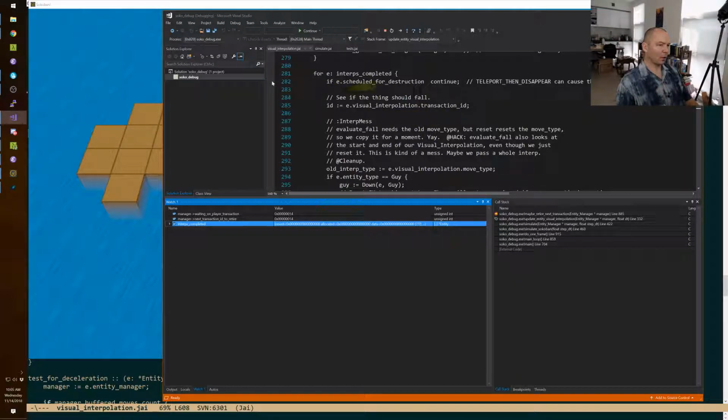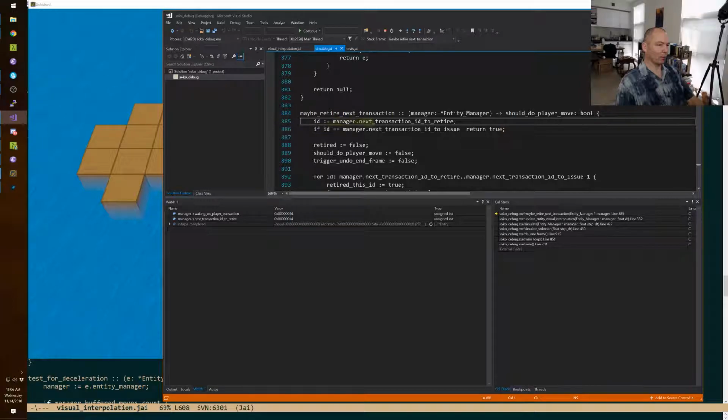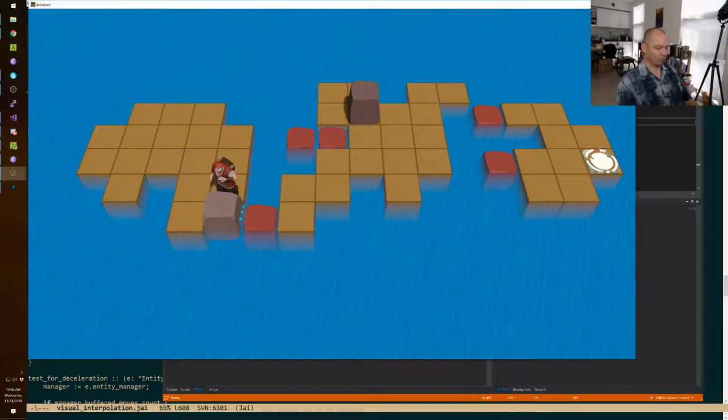Let's just break when we have a completed interpolation. Okay. We didn't get a completed interpolation for that boulder. That's the problem, I think.